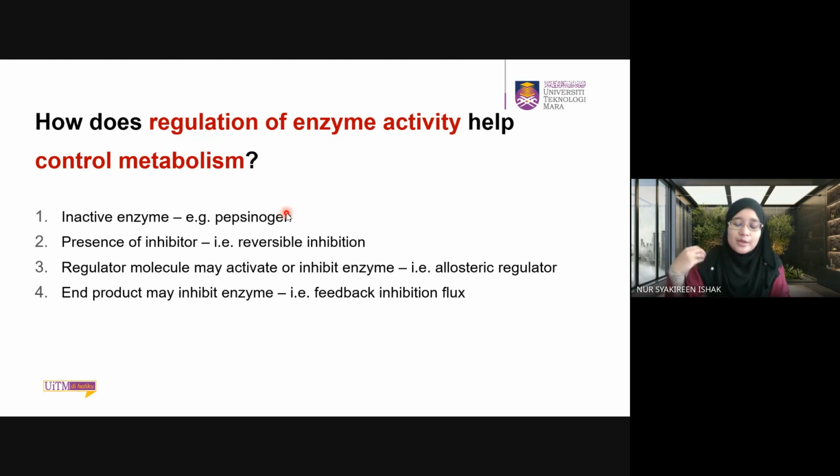But you do not want the product to be continuously produced, causing an excessive amount of product inside the cell. So there may be an inhibitor present to inhibit the reaction. You do not want your cell to produce an excessive amount of the product. So that is the use of the inhibitor.